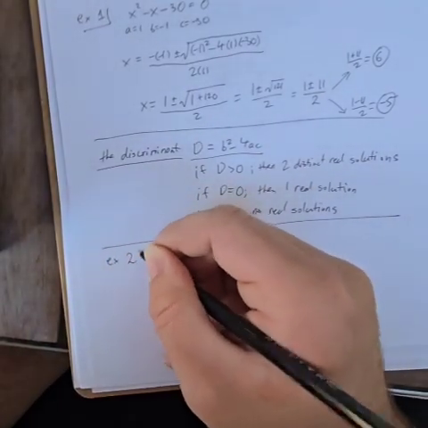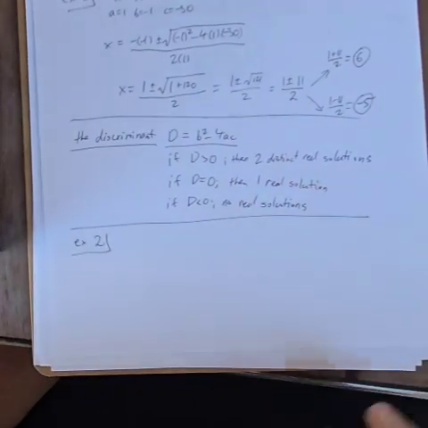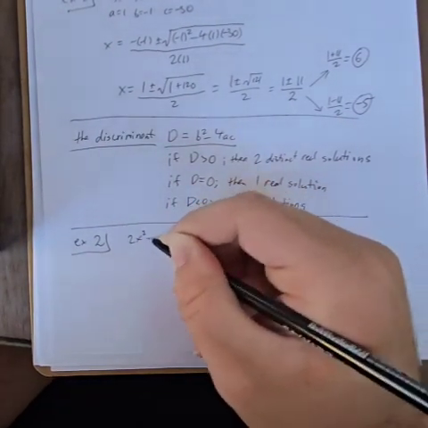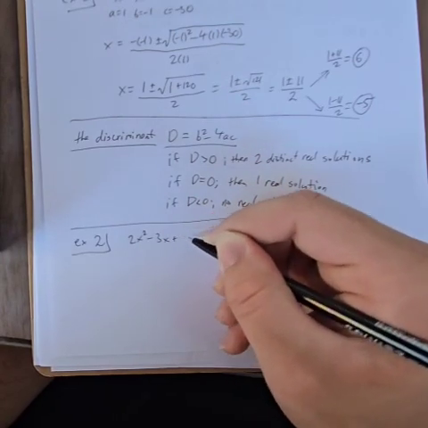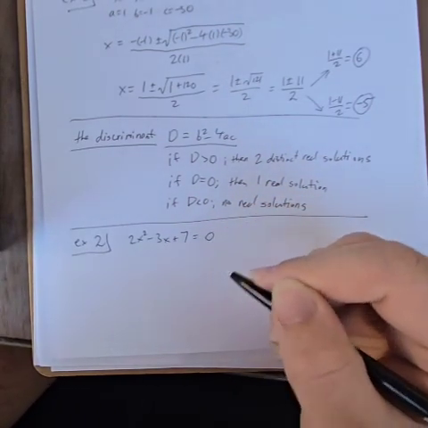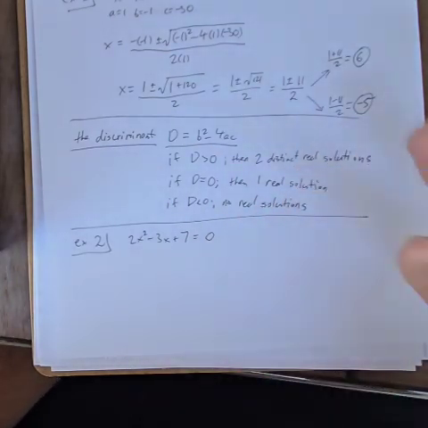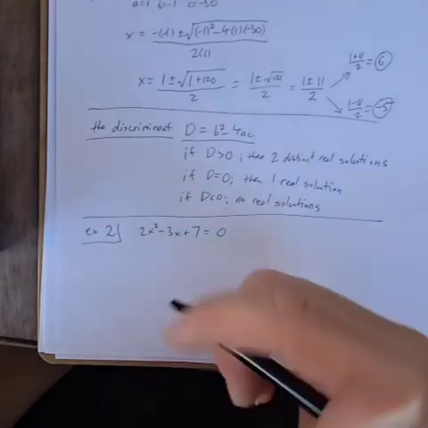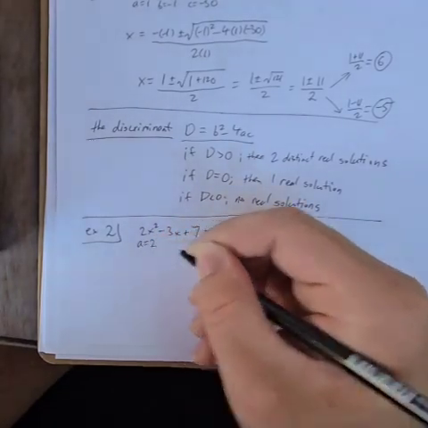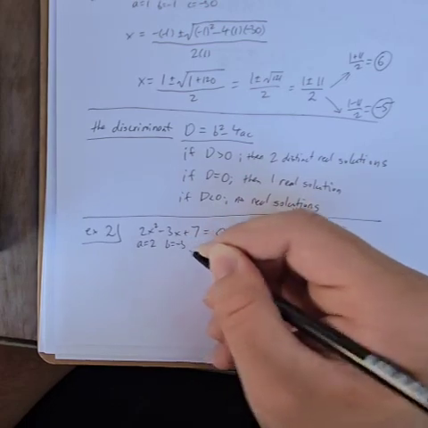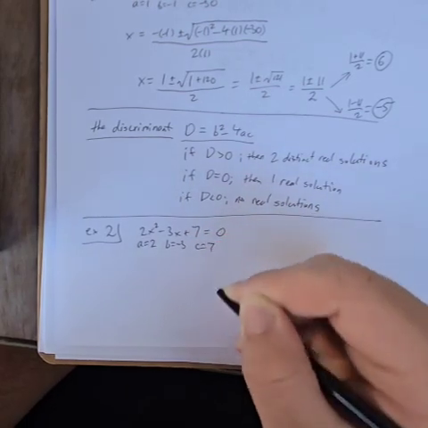Example 2. Let's try and do them with numbers that won't be so pretty. 2x squared minus 3x plus 7, let's say, equals 0. Alright, so we're going to identify a, b, and c so we can plug them into this formula. Well, a is in front of the x squared, so a equals 2. b is in front of the x, so b is going to be negative 3, and c is by itself, c is 7.